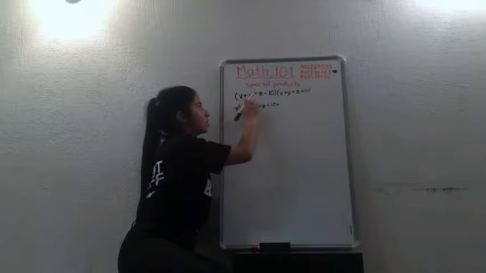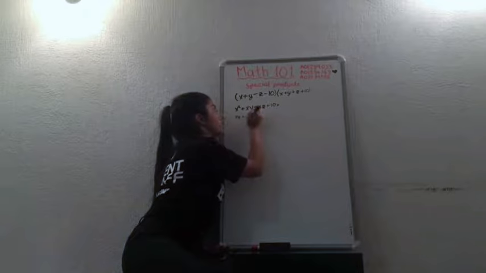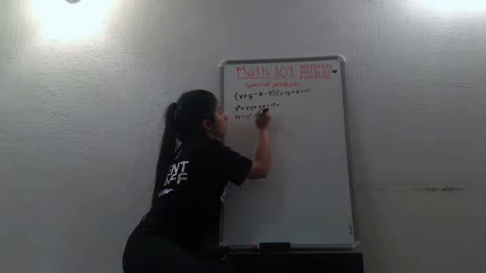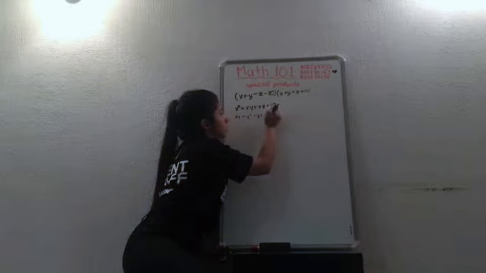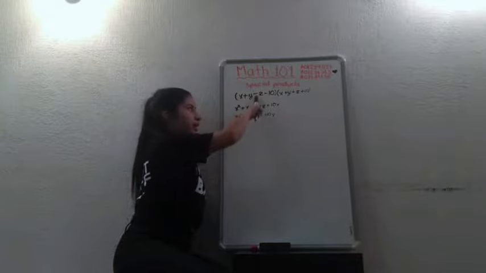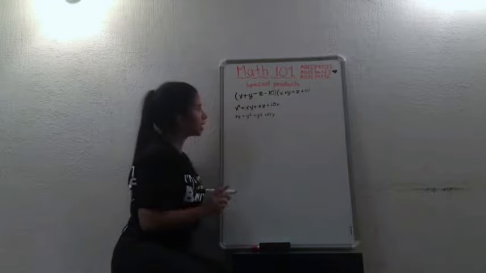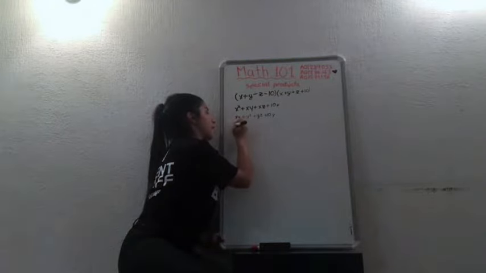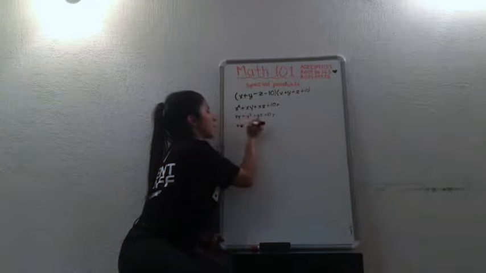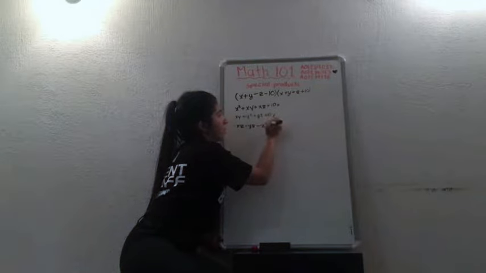We already have x, so we continue with y times x, xy, then plus y squared, then plus yc, plus 10y. We continue with our c, but here we have a negative sign, so since they are all positive, each term we have with c will be negative. So we have minus xc minus yc minus c squared and minus 10c.